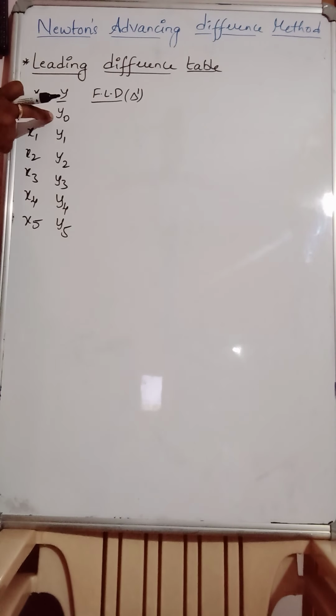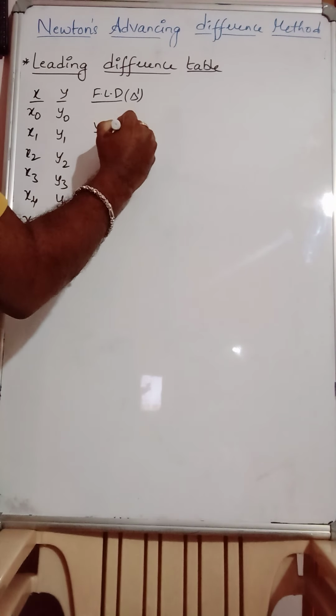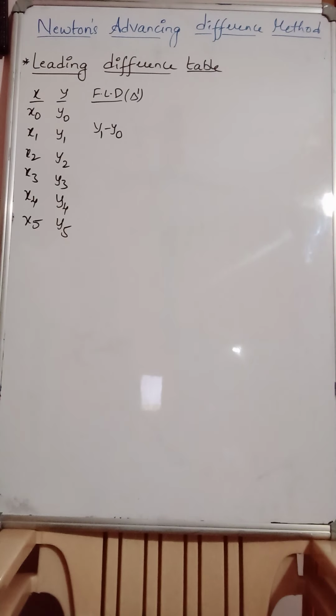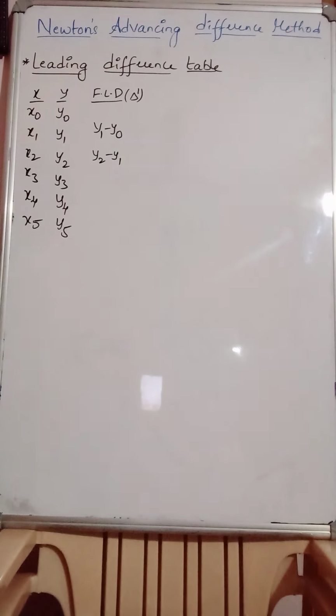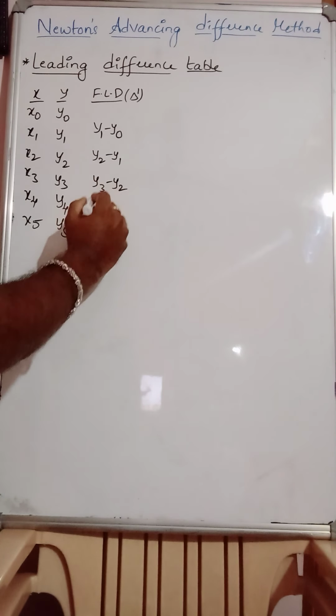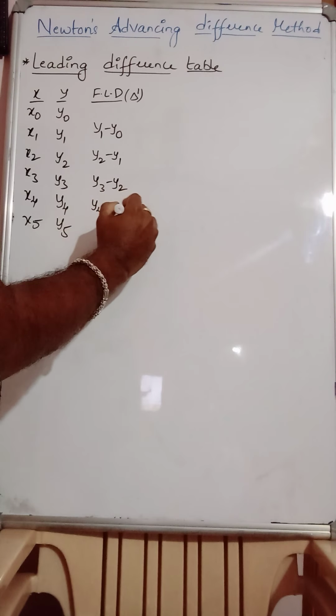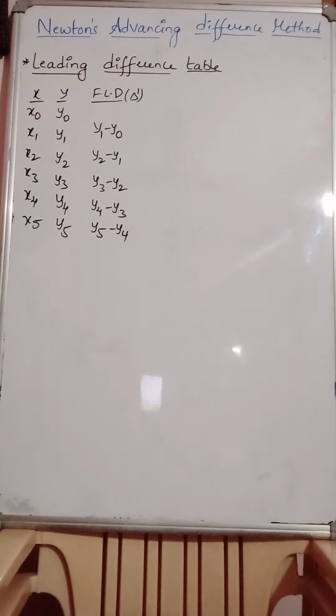So for y0, what is the forward value? y1. The forward leading difference means y1 minus y0. You understand? Next here, y2 minus y1. Next, y3 minus y2, y4 minus y3, y5 minus y4.